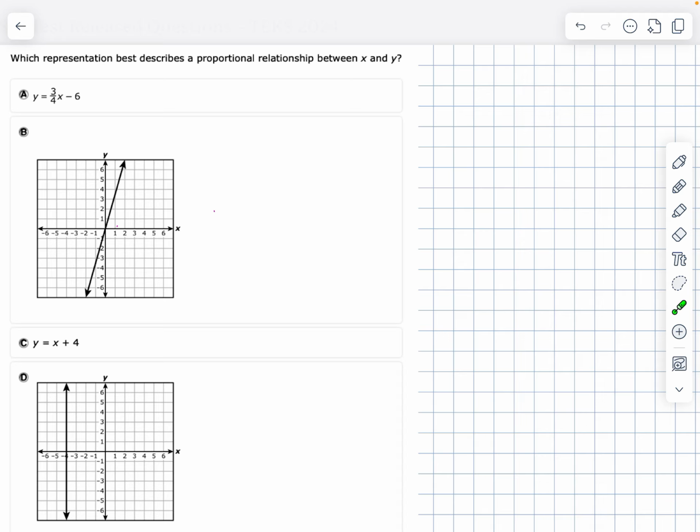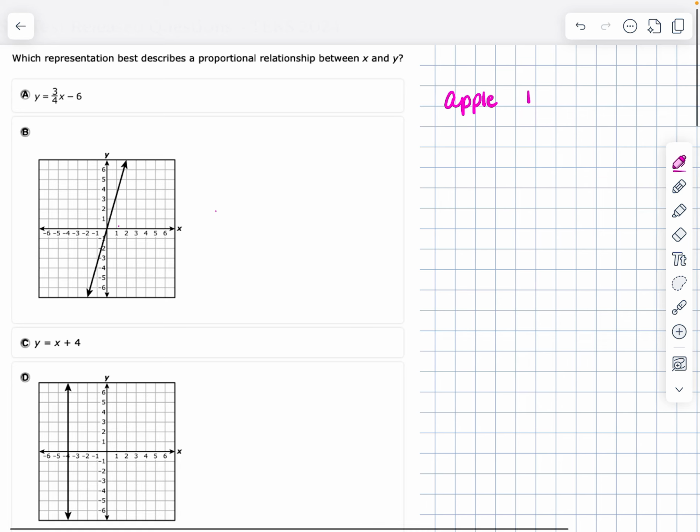I think the best thing to do is to define what is a proportional relationship. The best way to describe it for me is, if you have an apple that's $1.50, okay? So one apple is $1.50. If you want to buy 2 apples, it's going to cost you 2 times $1.50, which is $3.